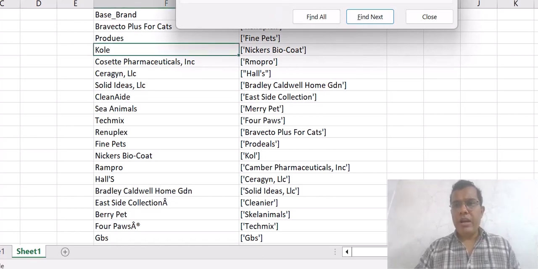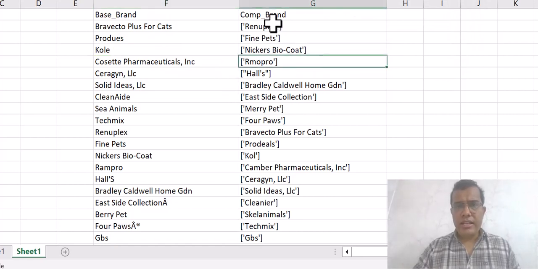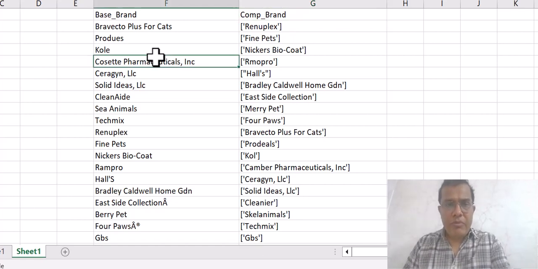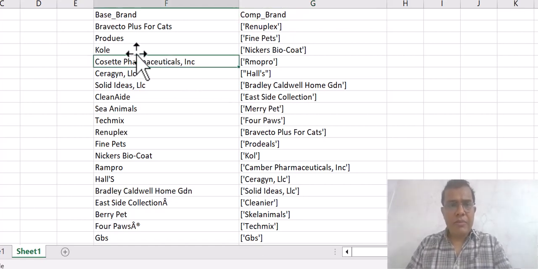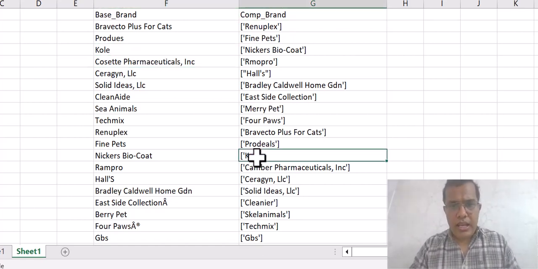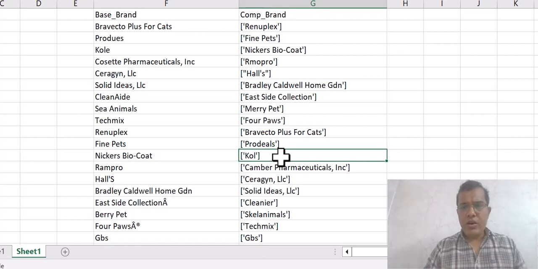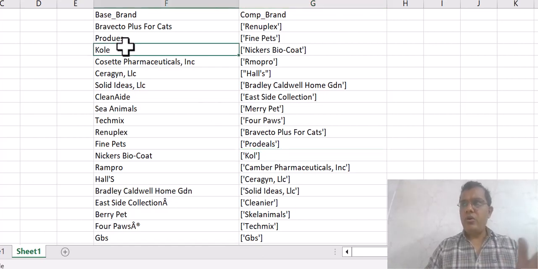This brand KOLE is not exactly present in competitor's brand, but it might be present with some other name. For example, KOLE and KOL, do they match? By mistake, someone has written KOL or KOLE.